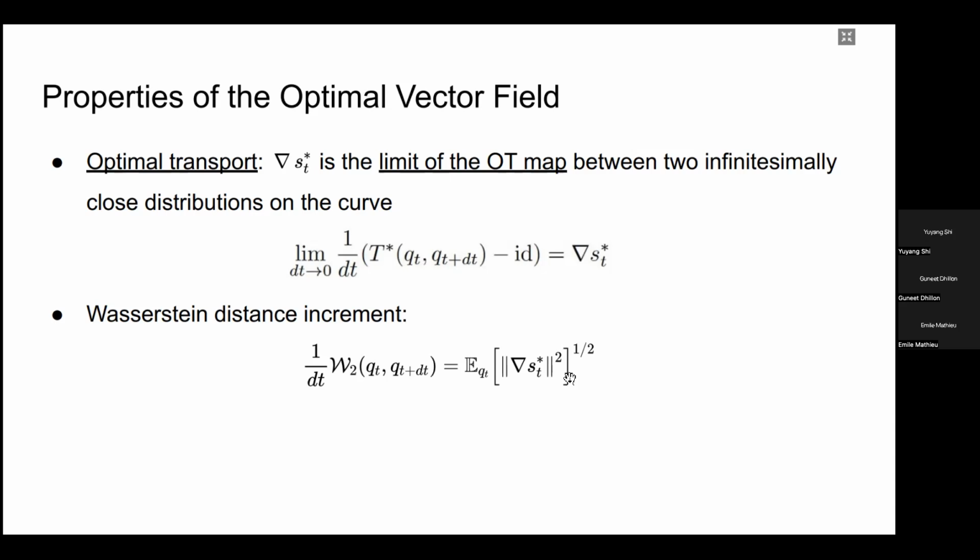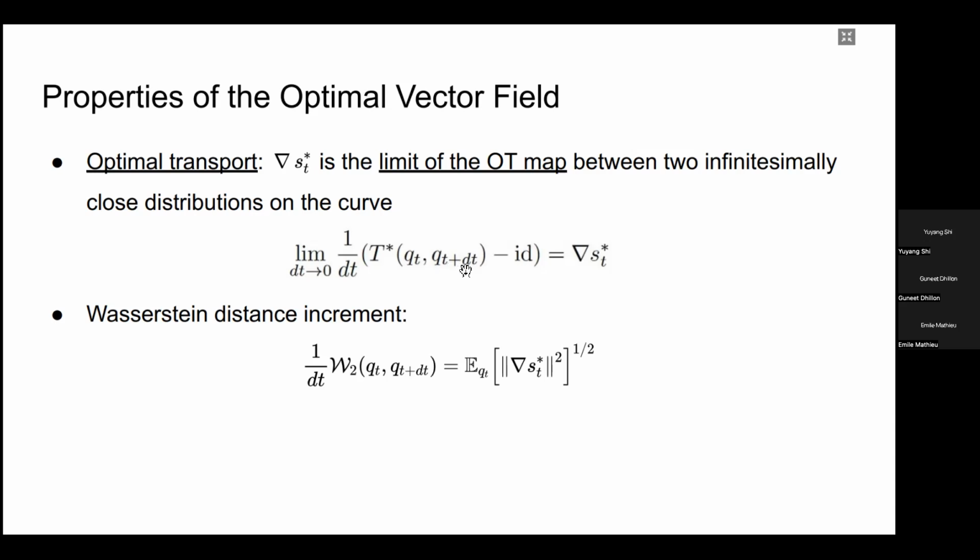Say you consider T star, the optimal transport map defined using the Wasserstein 2 distance. This T star depends on these two distributions, being the solution for the coupling of the two. If they are infinitely close, we expect it won't move too much.